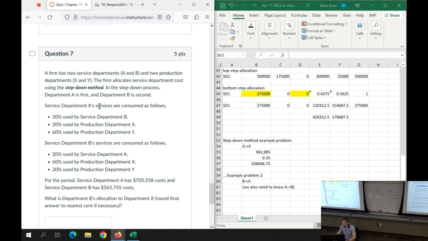So A's services are consumed, 20% of them are consumed by B. Do we need to reallocate, refigure any percentages? No, it's top step. You just take it as it is. It's Easy Town.